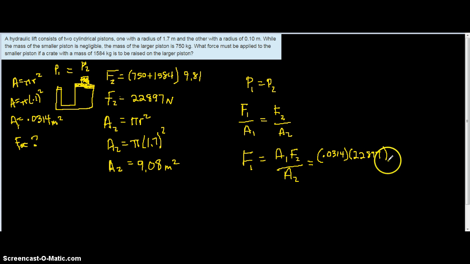So we're taking 0.0314 times 22,897 and dividing that by 9.08 meters squared. And when we go through this process, we end up with an answer of 79.2 newtons as the force being responsible to apply to the smaller piston if we're to move it any larger distance.